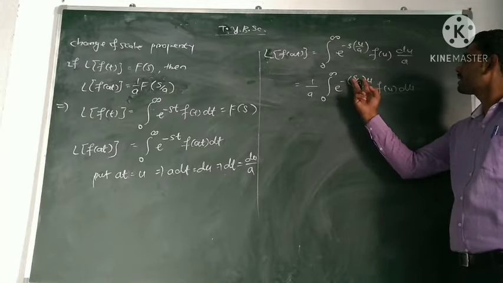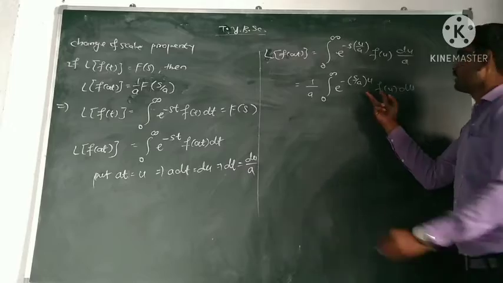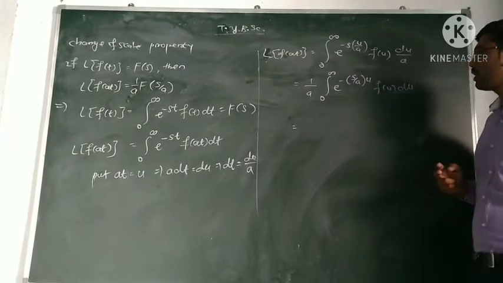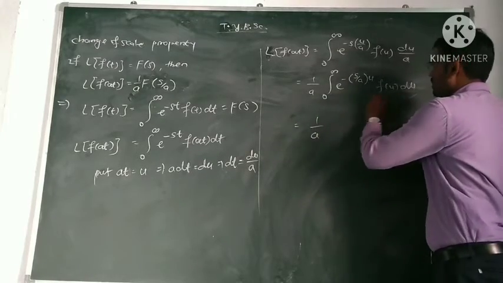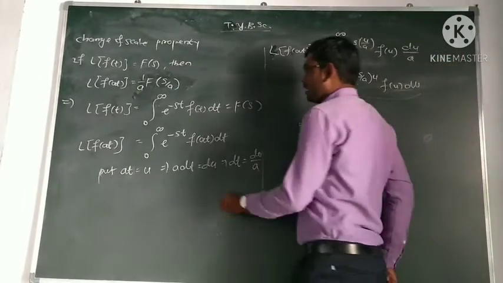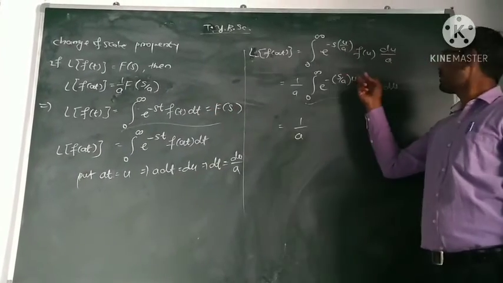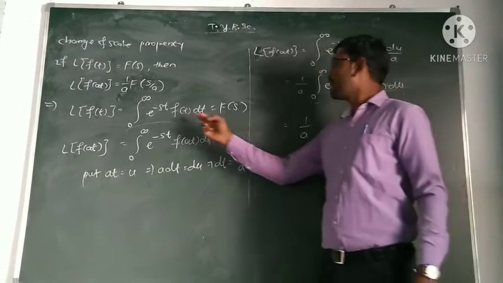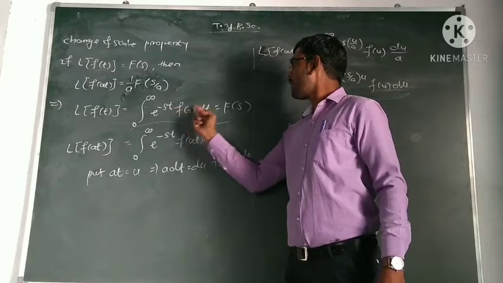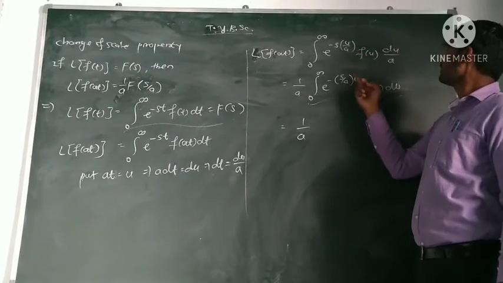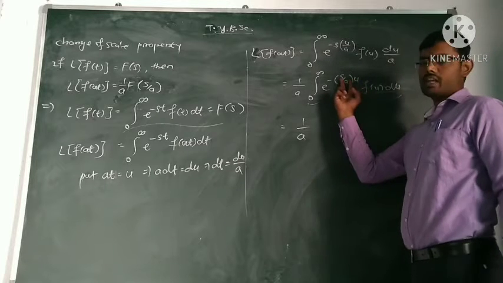This is like e raised to power minus st f of t dt. So using the general definition, this is nothing but equal to the Laplace transform. Now see, compare this factor and this factor. Here the variable is t, here the variable is u. Here f of u du, there f of t dt. It is e raised to power minus st f of t dt, so here e raised to power minus something into u f of u du. Okay, same form, only the variable differs.